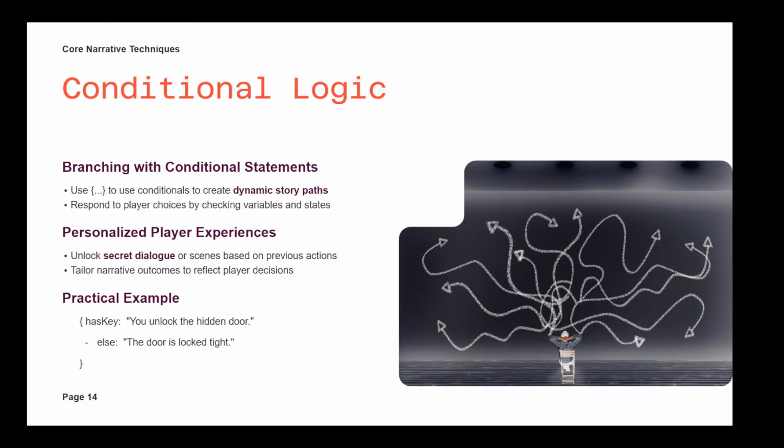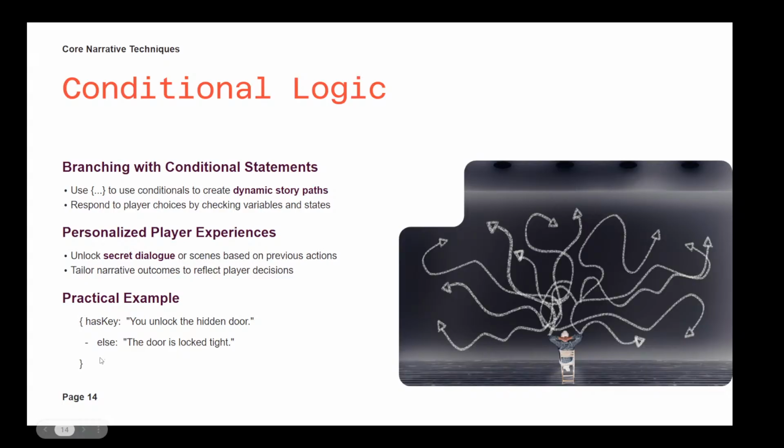We've got an example here. At the bottom, we have a variable has key, and if it is true, the colon here is how you do an if statement. It needs to be in brackets.